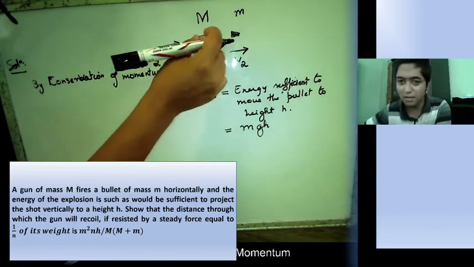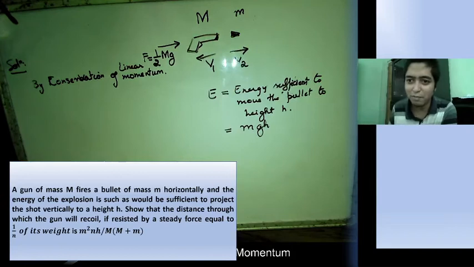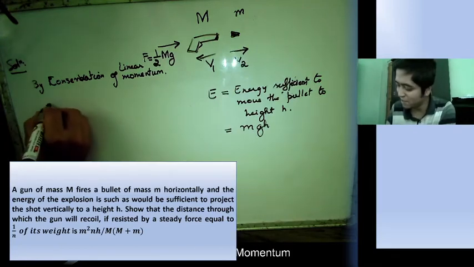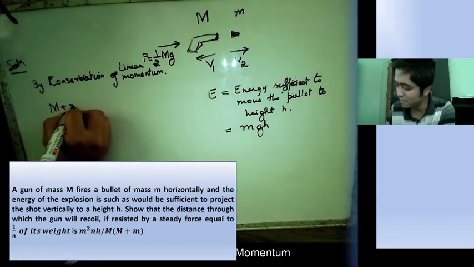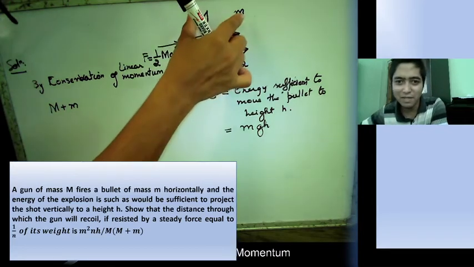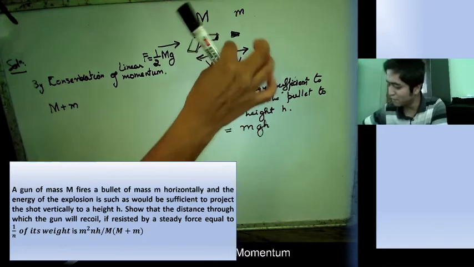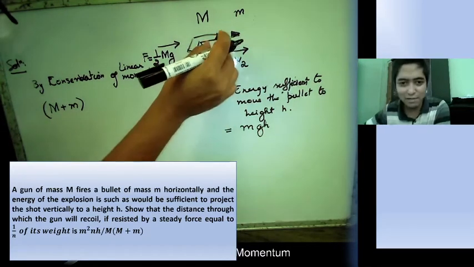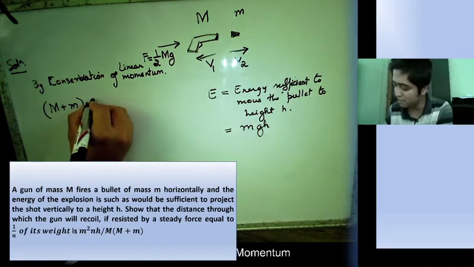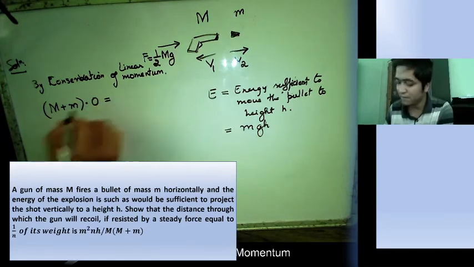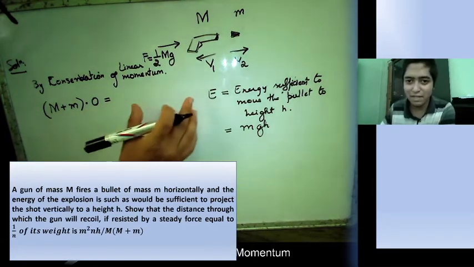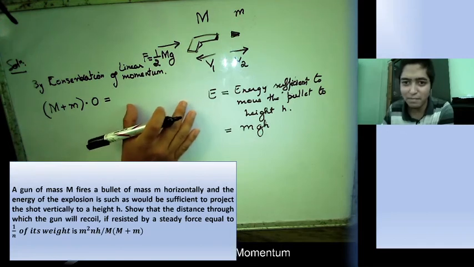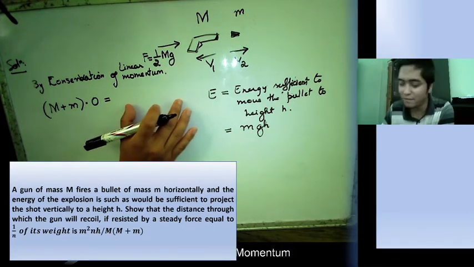Before the shot nothing is happening, so the velocity is 0, and the total mass of the system is M plus m, when the bullet is still in the gun. This is equal to the momentum after the shot has been fired.